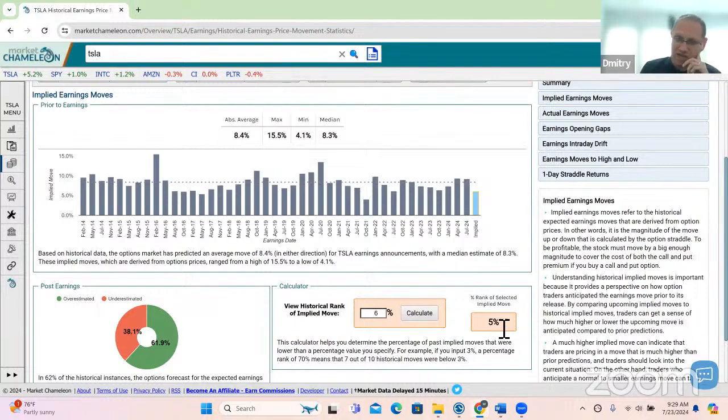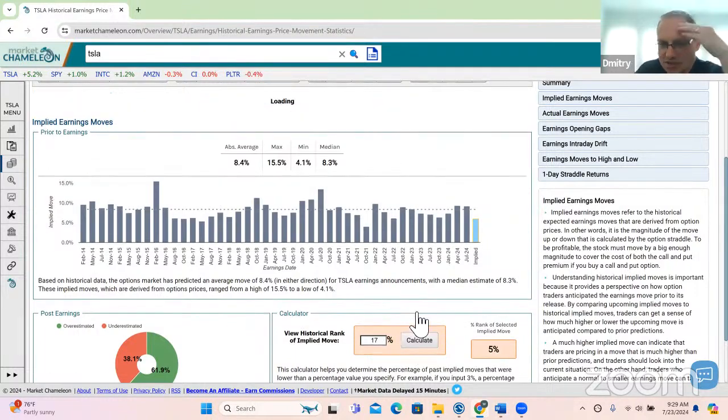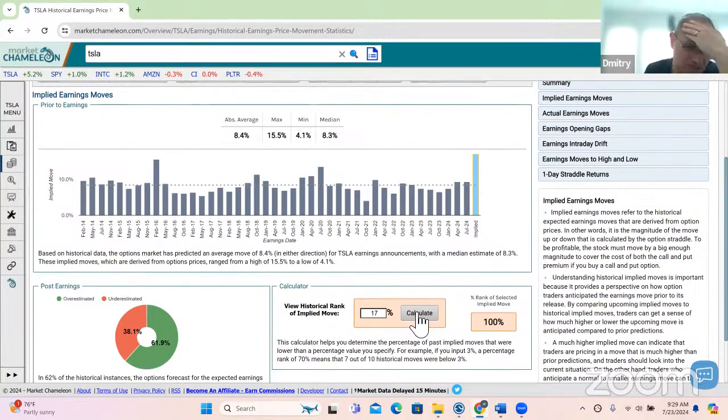Let's say it's 11 o'clock, and all of a sudden there's a flood of buy orders, and the straddle gets pumped up to 17%. Is it likely to stay at 17%, or by the end of the day would it get pushed closer to where I intend to close it?